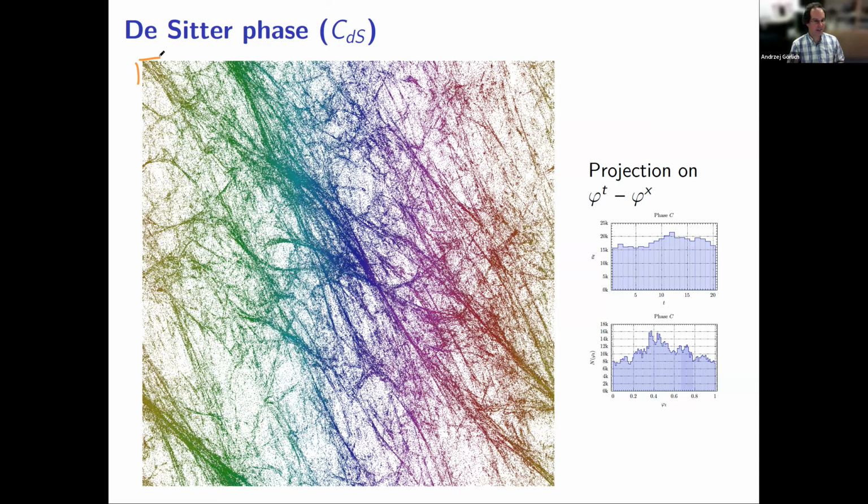Unfortunately, it's not easy to plot something in a 4-dimensional space on this flat screen here. So we project it just on these 2 directions, 2 coordinates. So this is a projection on the phi t and phi x.